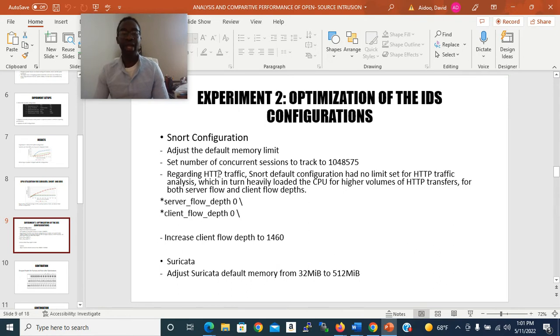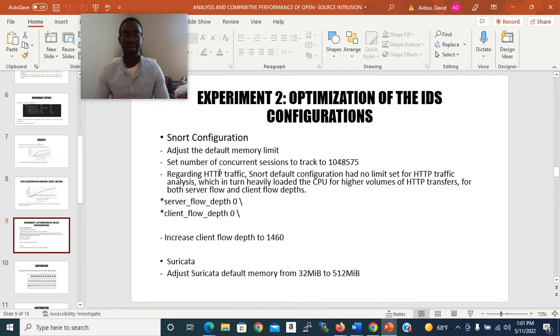So for Suricata, I also adjusted the default memory from 32 MiB to 512 MiB. Just like Snort, the reason I did this adjustment was that I wanted to make sure no session was cut off or trimmed off due to low memory throughout my testing cycles. So I had to adjust the memory.